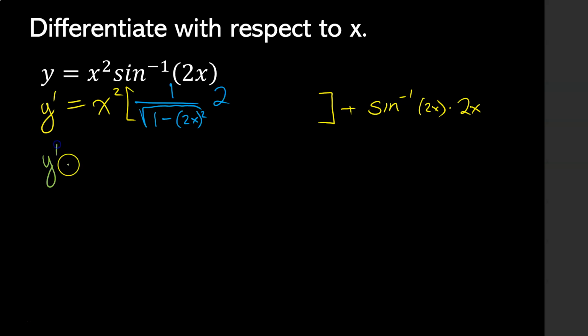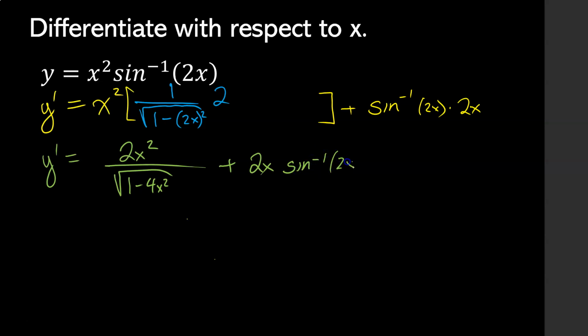I'll do a little bit. So y prime is 2x squared over the square root of 1 minus 4x squared. And that other side is going to pretty much stay the same. I'm going to write my 2x out front, then the inverse sine of 2x, just to make sure nothing got rearranged. Or, hey, this 2x has not anything to do with the input of inverse sine.